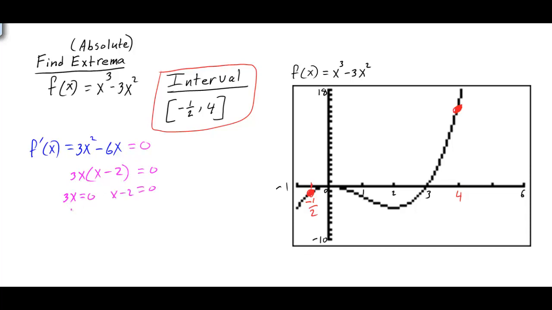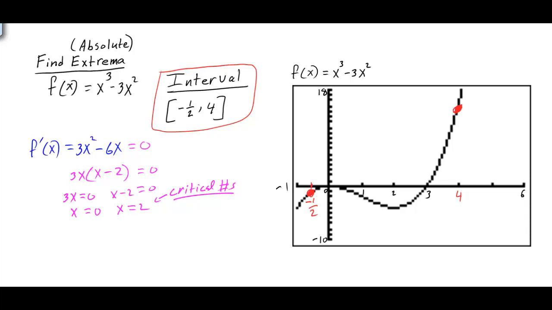If we divide by 3, x is equal to 0. Move the 2 over, x is equal to 2. So here we have our critical numbers, the values of x that make our derivative equal 0.